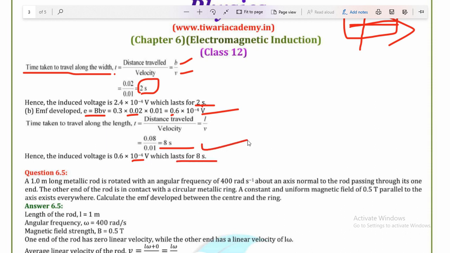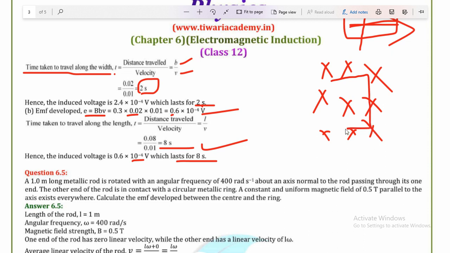Okay, so students, I hope you understand. Suppose this is the magnetic field, perpendicular and inward to the plane of paper, and this one is the rectangular loop. Suppose this side is AB, and the loop is moving in this direction.